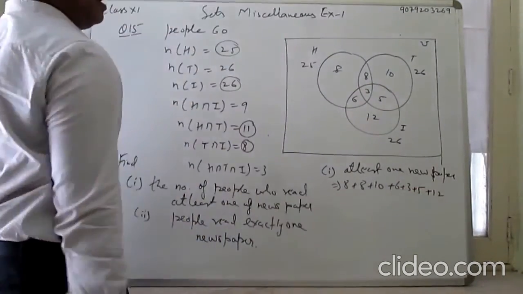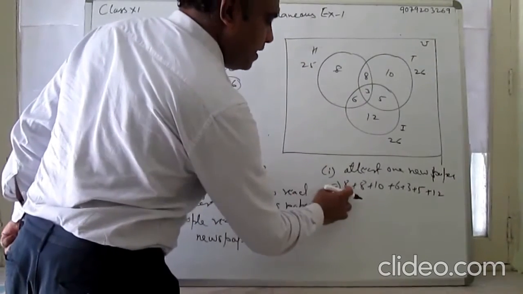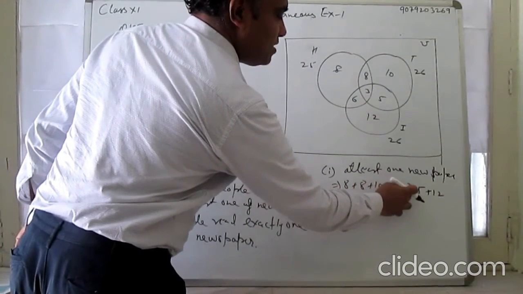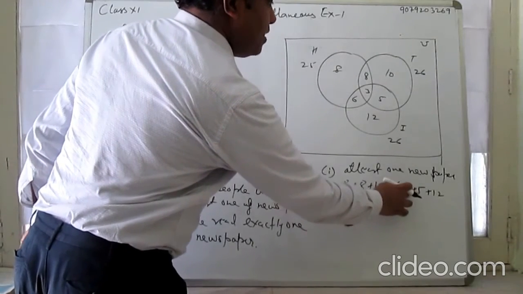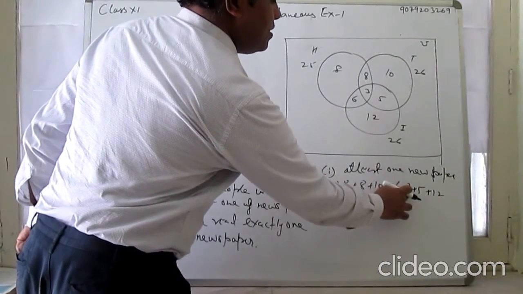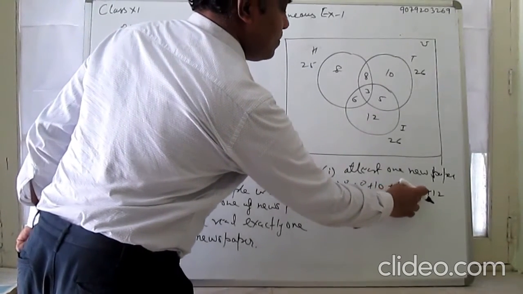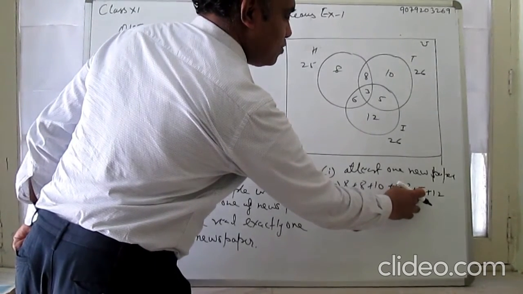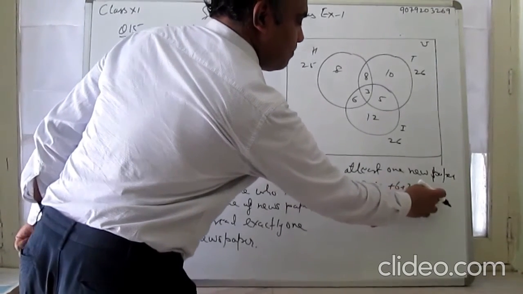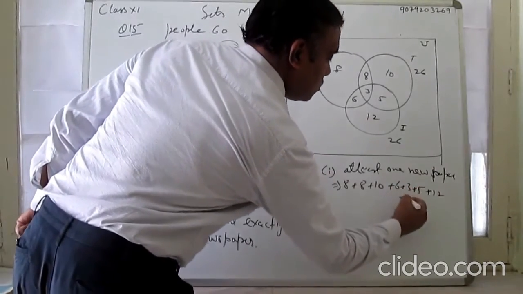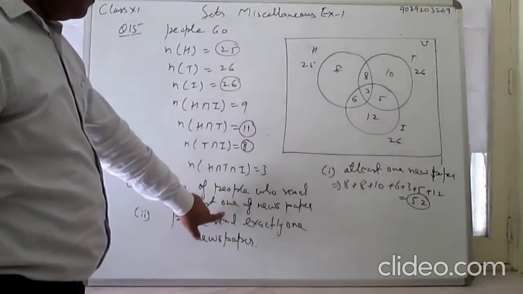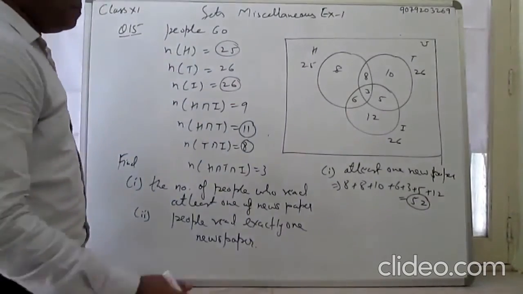So this is the answer of at least one newspaper. 8 plus 8 is 16, plus 10 is 26, plus 6 is 32, plus 3 is 35, plus 5 is 40, plus 12 is 52. So 52 people read at least one newspaper.